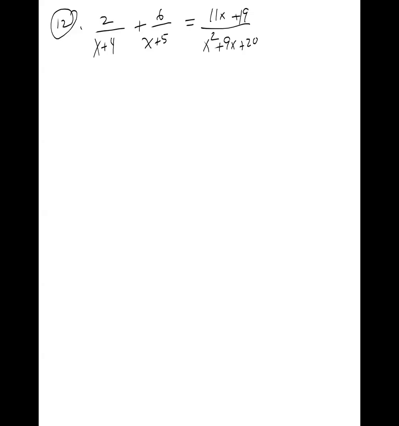So erase the x squared plus 9x plus 20 and replace it with what it factors to be, which is x times x, and then a 5 and a 4, which multiplied equal 20 and add up to make 9. Now we're going to multiply every single term by the LCD. The LCD is x plus 5 times x plus 4.